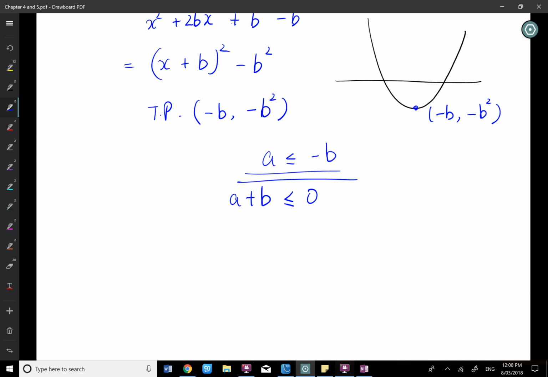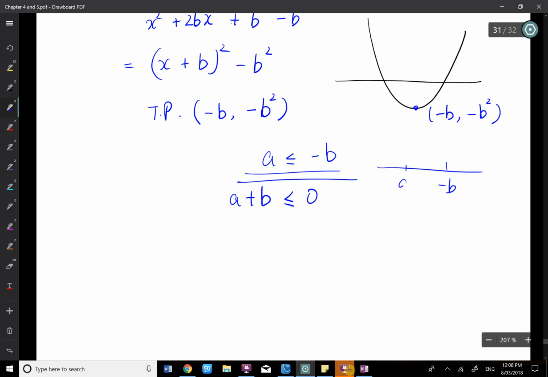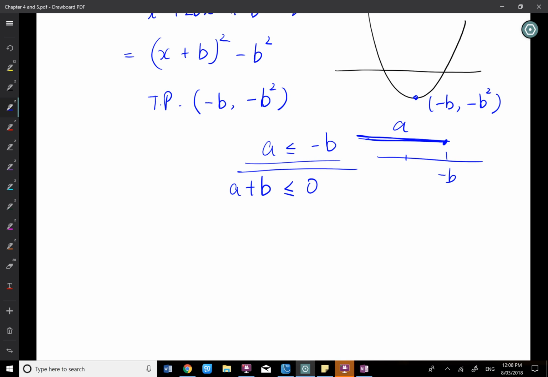So the value of a needs to be on the left-hand side of negative b. So your negative b is here. Your a can only be those values. So a needs to be less than or equal to negative b. So you have a plus b less than or equal to 0. So that's the relationship between a and b to make this f(x) have an inverse function.